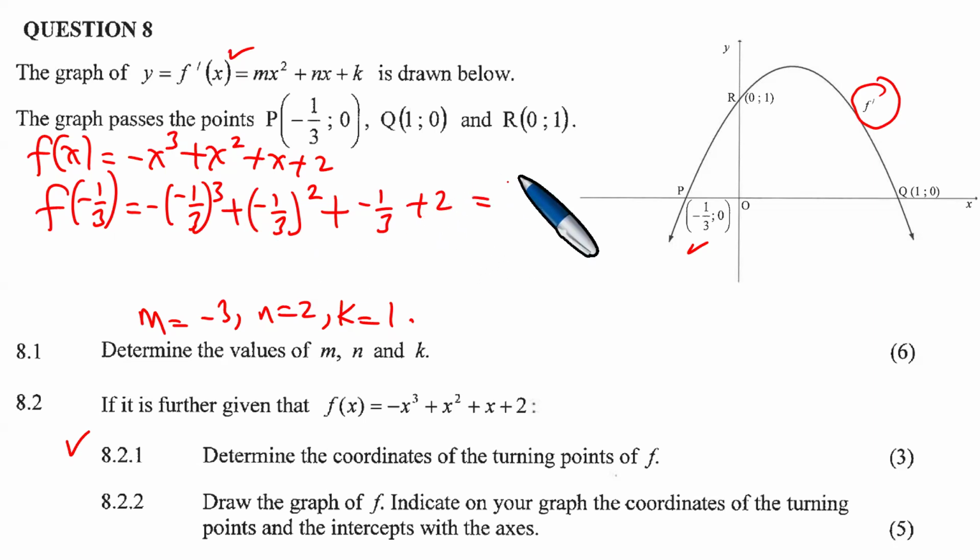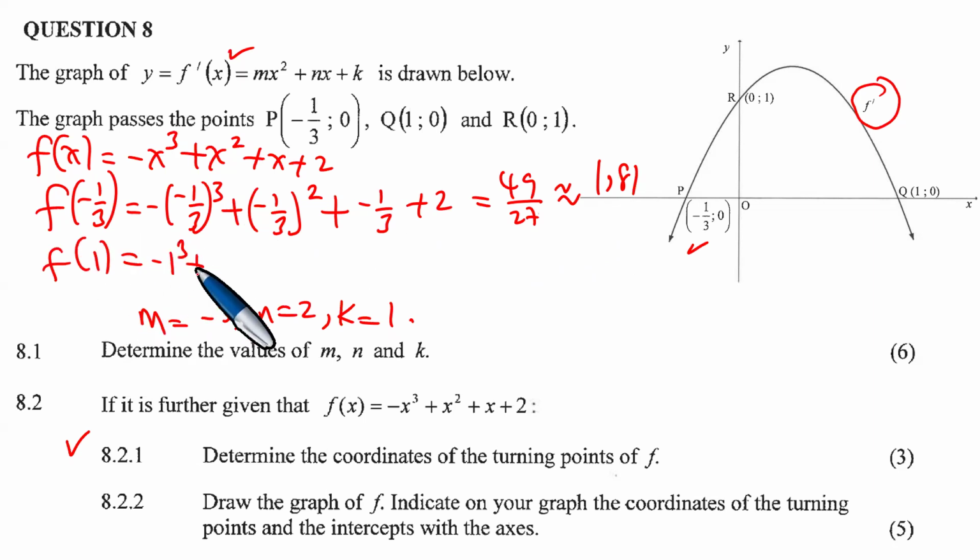Adding everything here gives us exactly 49 out of 27, approximately 1.81. Then we have f at 1, which is -1 cubed plus 1 squared plus 1 plus 2, and therefore equals 3.